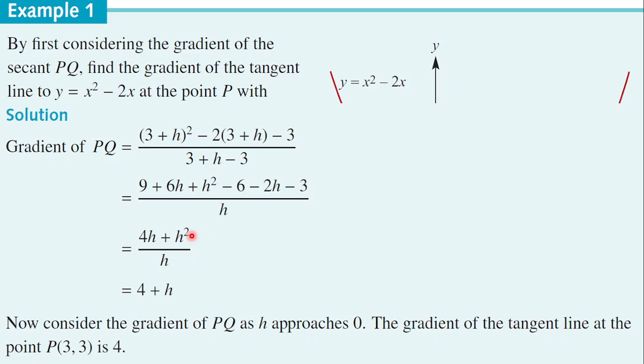Now, because h is different from 0, we can simplify, and that gives us 4 plus h. We'll introduce the concept of limits. We set h approaches 0, therefore the gradient will be just 4 because that value becomes 0.